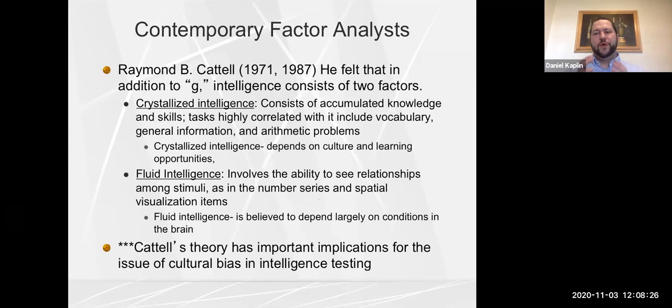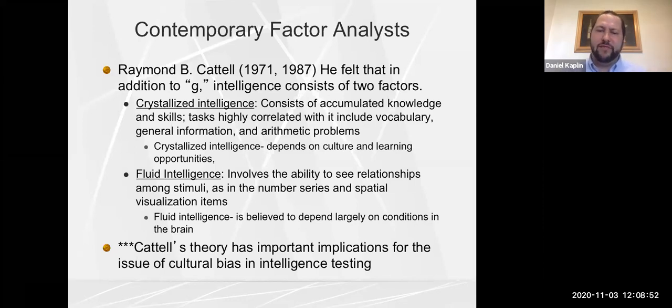Now, when you hear the word crystallized, think solid, locked in, or accumulated knowledge. So when we talk about crystallized intelligence, these are sets of abilities that are acquired and accumulated through time.